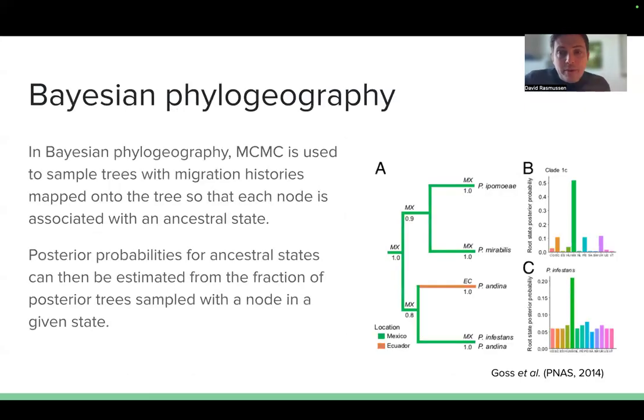But we've been talking a lot about Bayesian phylogenetic inference, and so how would you do this in a Bayesian context where we're using something like MCMC to infer our trees?